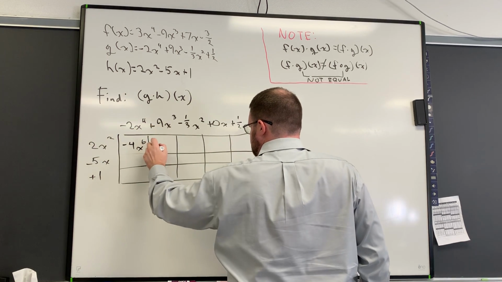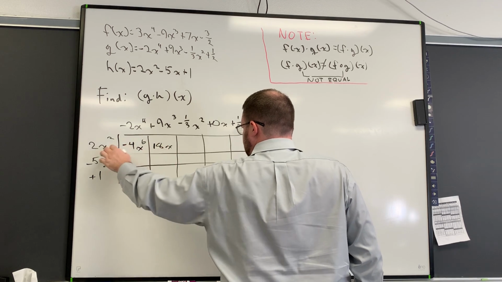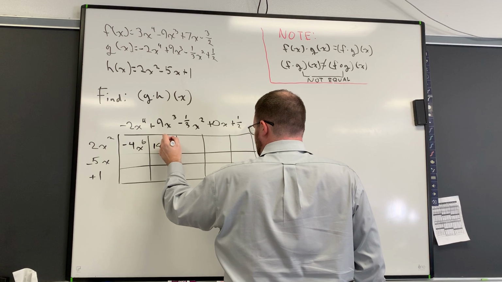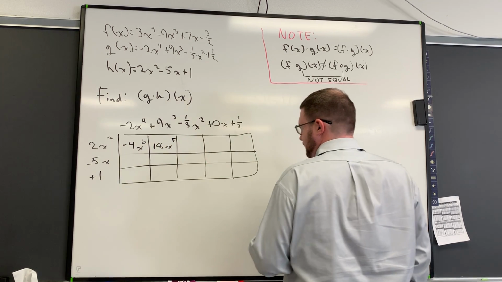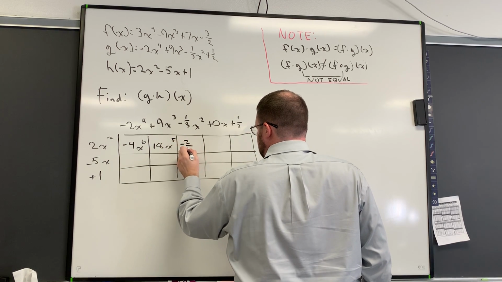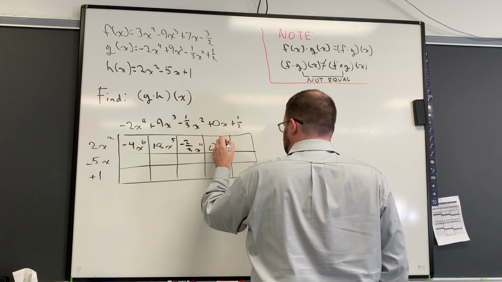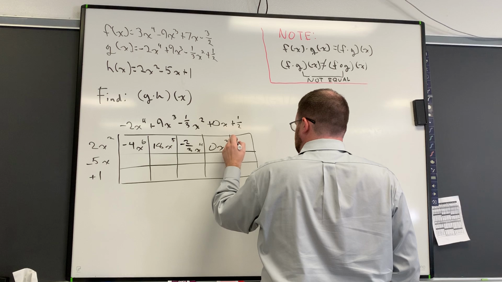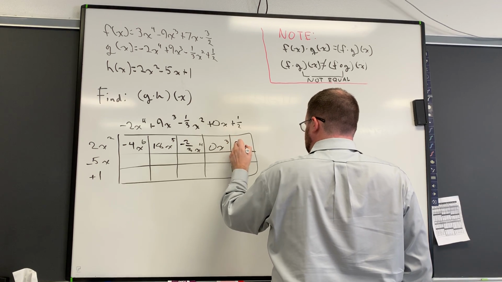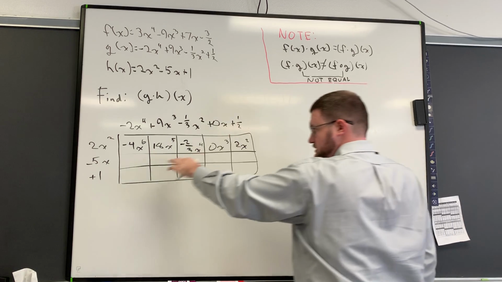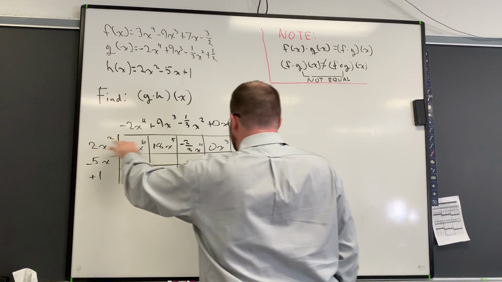2 times 9 is 18. X to the 2nd times x to the 3rd. Remember, when you multiply variables, you add exponents. So we get 5. I'm going to keep on going through this and just go very quickly. Remember, this is x to the 0, so x to the 0 times x to the 2nd, add those exponents to get a 2.